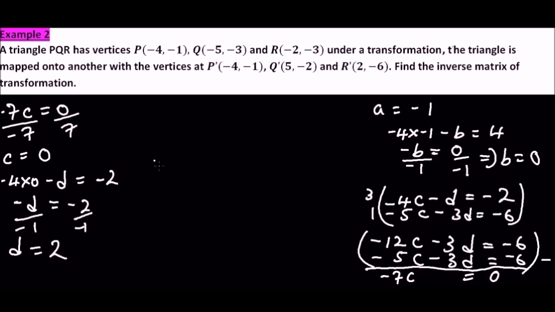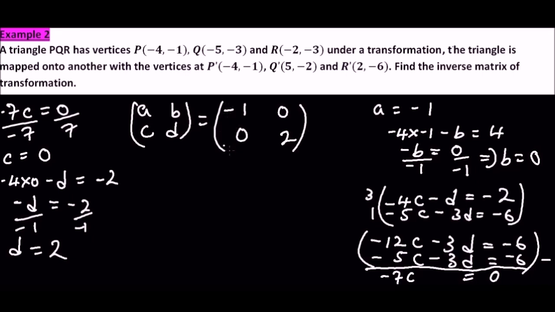So we now have found the transformation matrix which we had defined, that A, B, C and D are equal to: we have found our A is minus 1, our B is 0, our C is 0, and our D is 2. So that is our transformation matrix. Now once you get the transformation matrix, we said that when you multiply the transformation matrix by its inverse, then you should get the identity matrix.